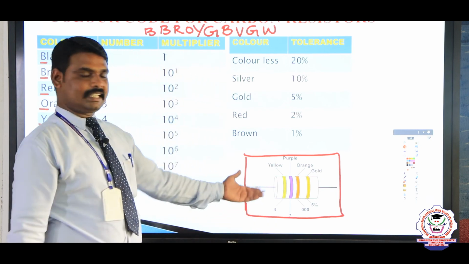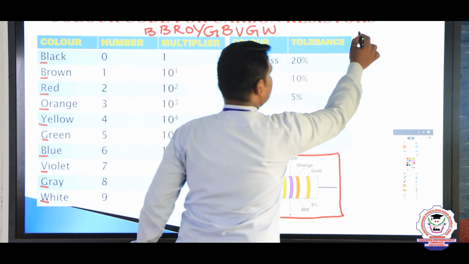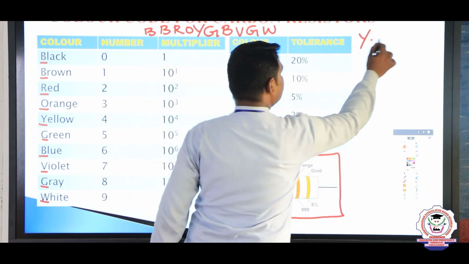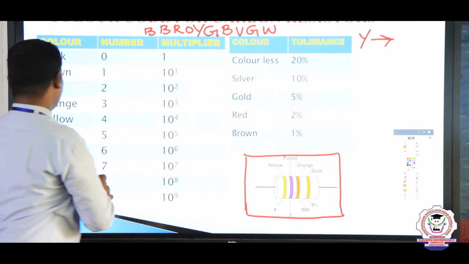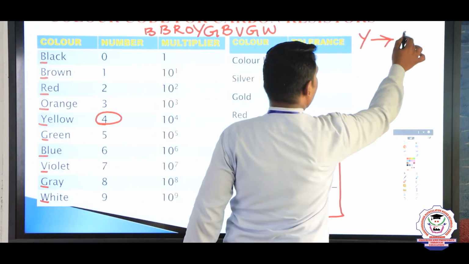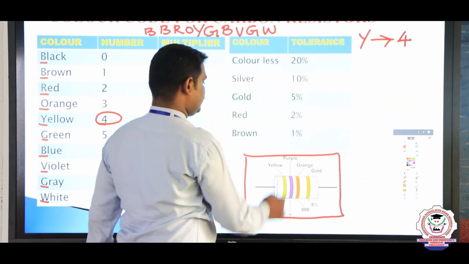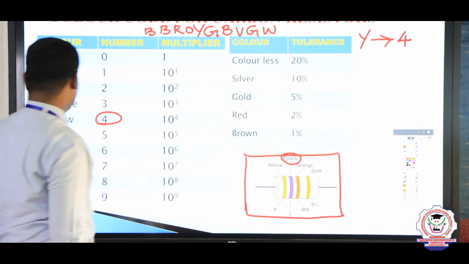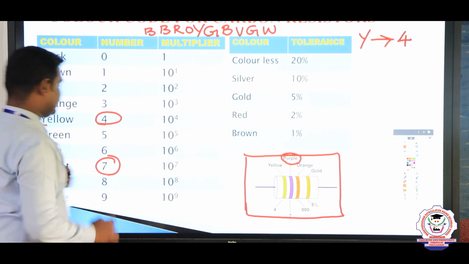Here one resistor is given. The first color is yellow, which means the first digit: yellow is number 4. The second color is violet, so 7.